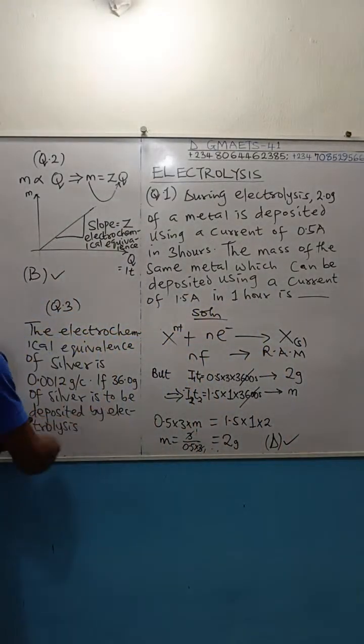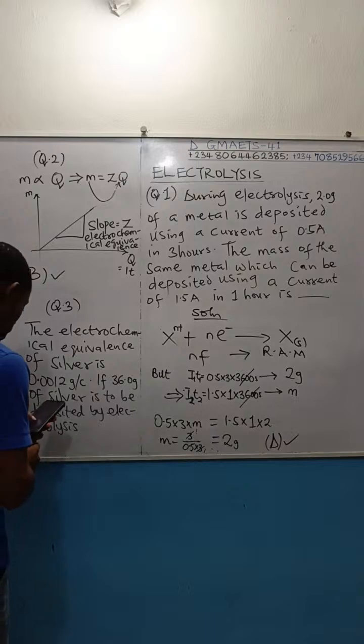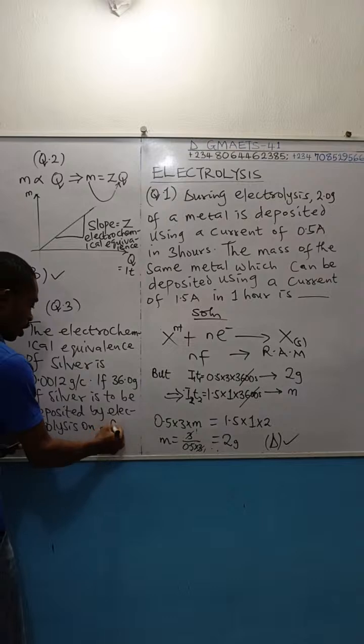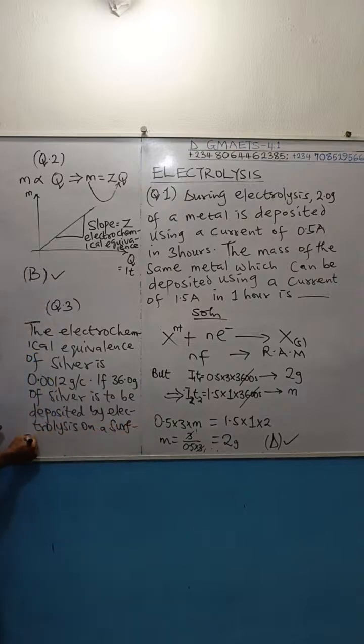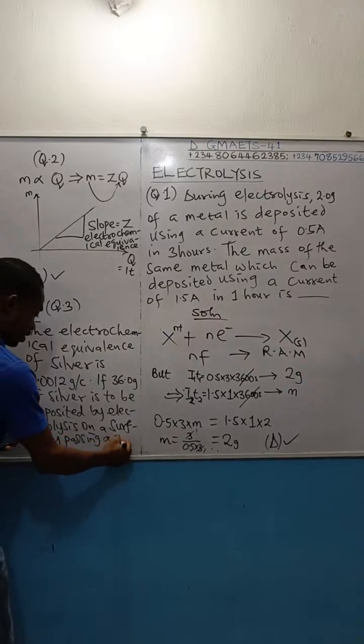So where are we? The electrochemical equivalent of silver is 0.0012 gram per coulomb. If 36.0 gram of silver is to be deposited by electrolysis on a surface by passing a steady current for 5 minutes, the current must be.